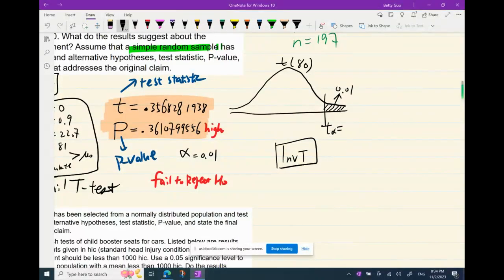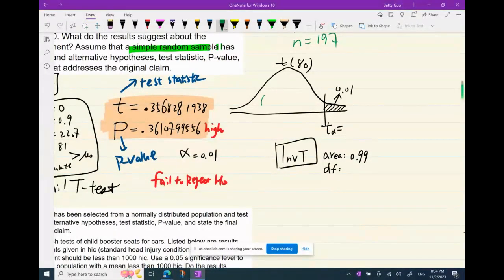So we go to second vars, inverse t number 4. The area we are going to enter is not 0.01. It's going to be 0.99, because it's accumulating from the left.